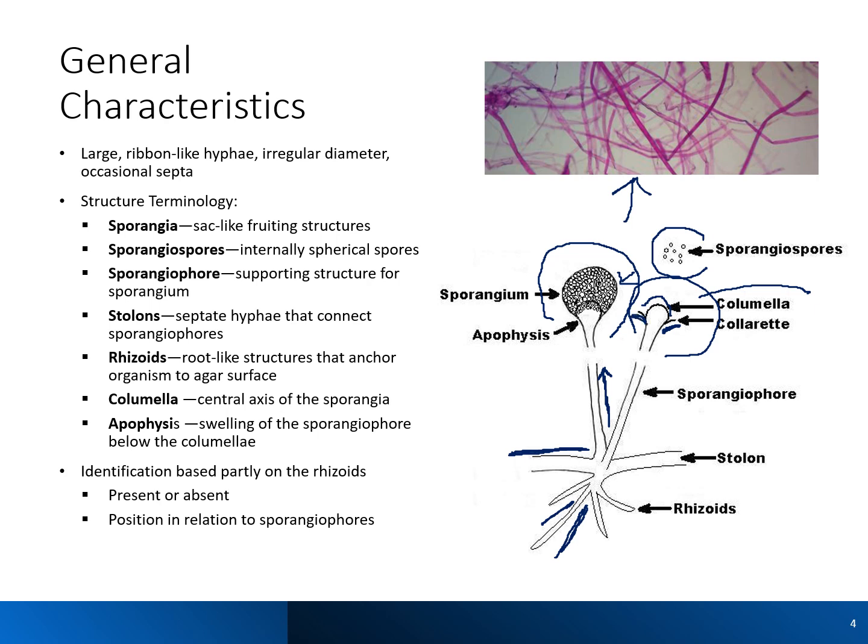And the apophysis, there's not a picture depicted here, but, here it is. So this part right here at the end will swell for some organisms. So you will look for this swelling to happen versus it just being straight.